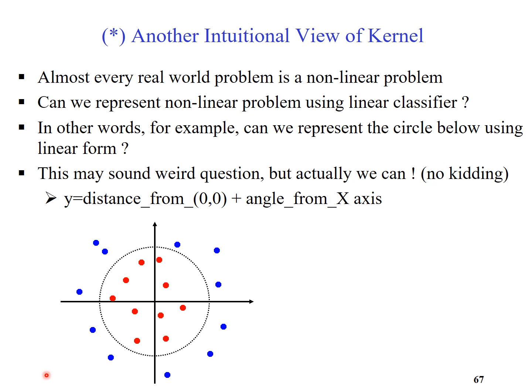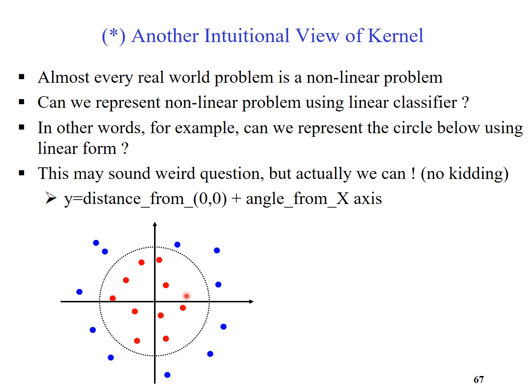For example, here in this data, we have red dots and blue dots. Can you divide the red dots and blue dots using a line? It's impossible. We need something like a circle. A circle can divide like this, but no line can divide these two class values.